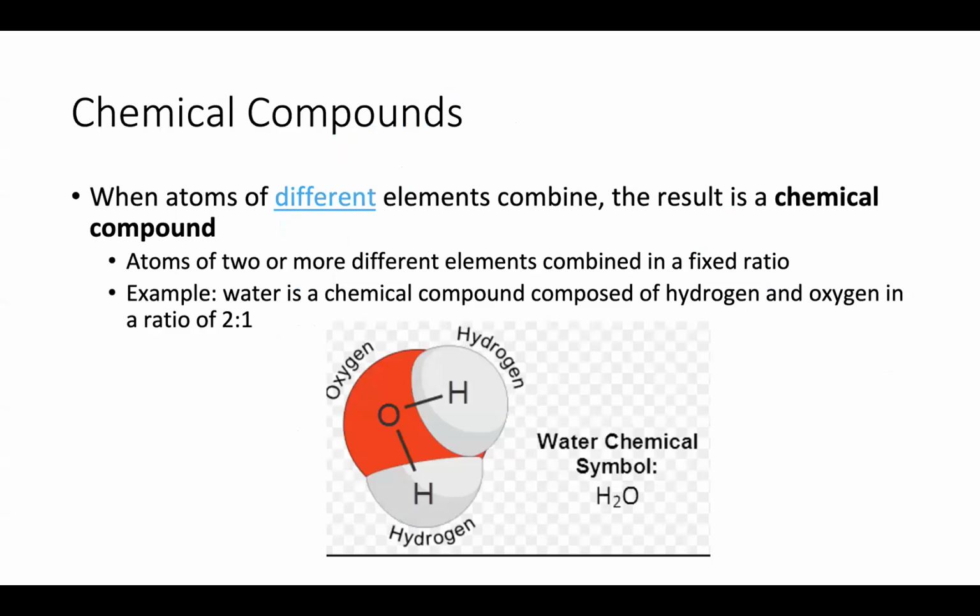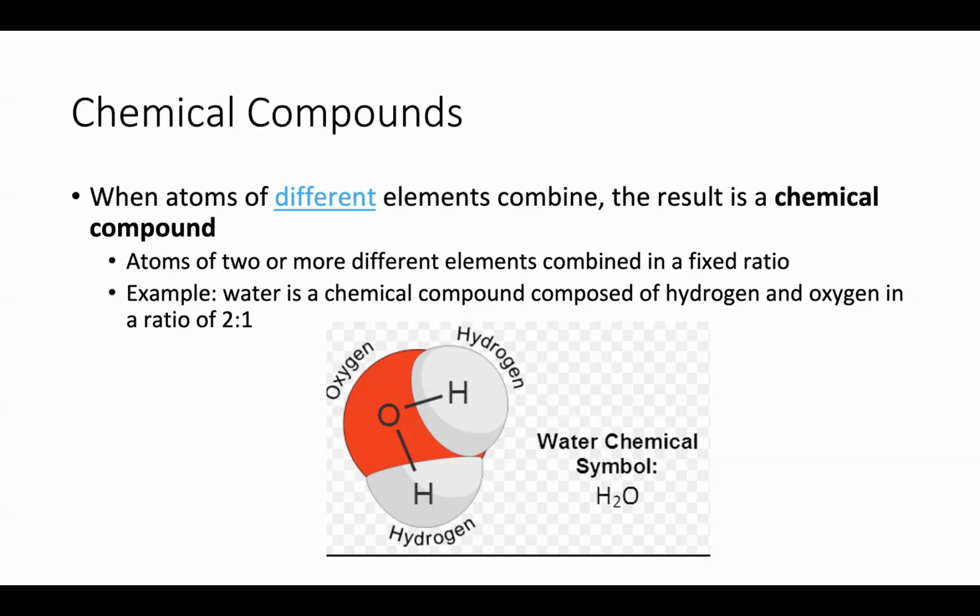As we're talking about atoms, elements, and compounds, atoms of different elements interact together to form compounds. And it is these compounds that we're concerned about in terms of form and function, or physiology, of living things. A chemical compound is created when atoms of two or more different elements combine in that fixed ratio that I mentioned earlier, and I used water as an example.